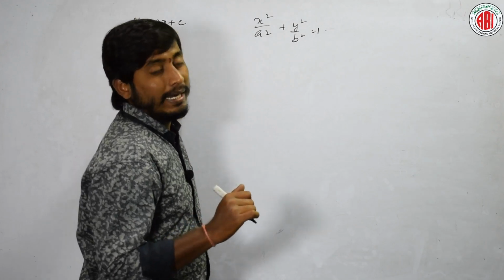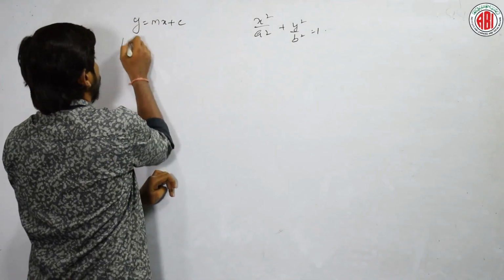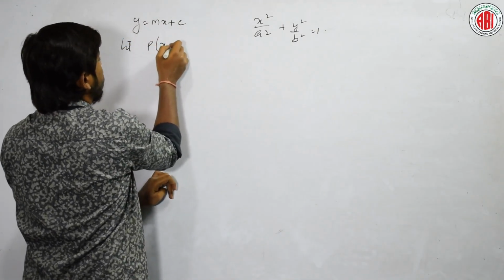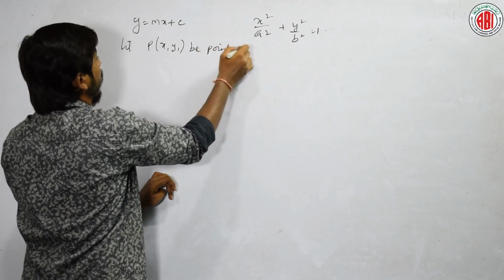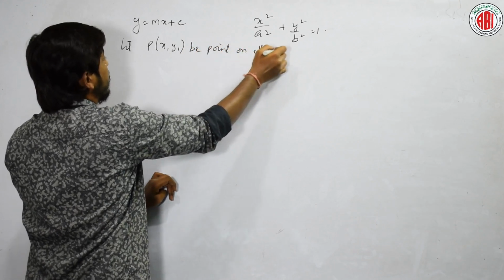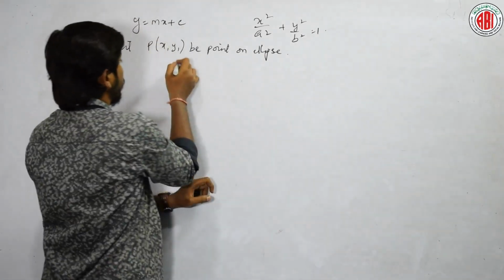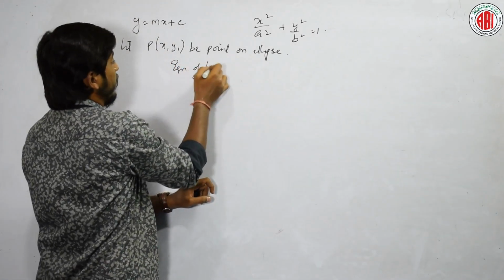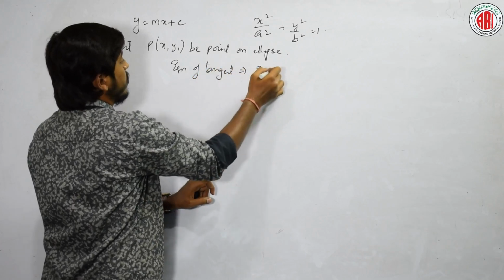Okay. So, let us assume a point, let P(x1, y1) be a point on the ellipse. So, what is the equation of the tangent? The equation of the tangent is S1 equal to 0.